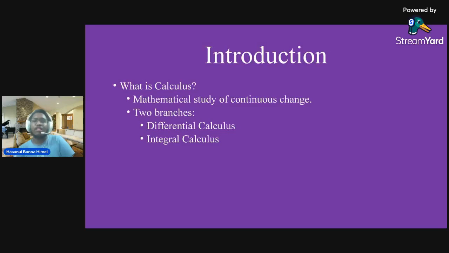Moreover, if we want to see where we use calculus in machine learning and AI, we can give two examples: number one, gradient descent, and number two, backpropagation in neural networks.